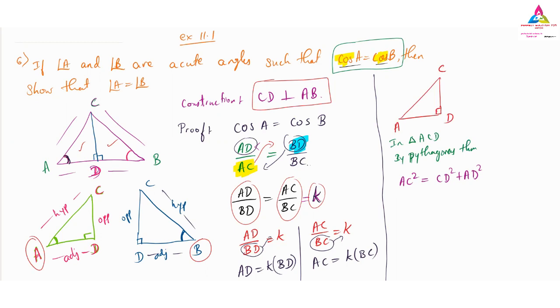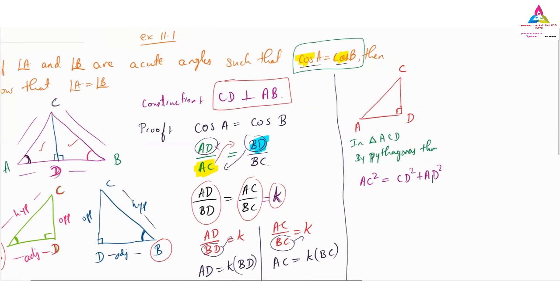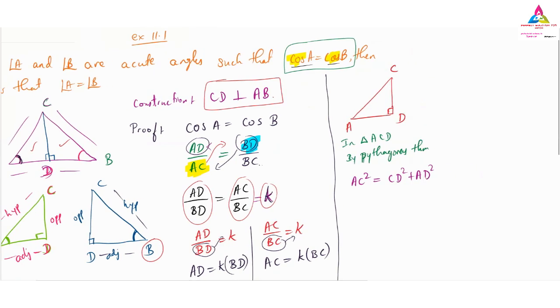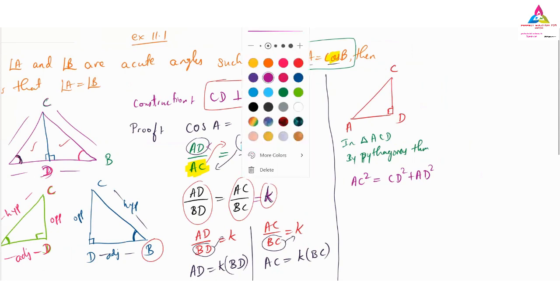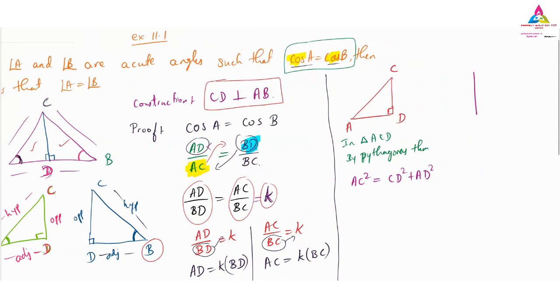So here I will make one correction. What is the correction? I will take the other side also. I will move this screen to the right hand side, and I will take one more triangle. I will consider it as this one. This is D, this is C, and this is B. Now you apply the Pythagoras theorem in triangle BCD.